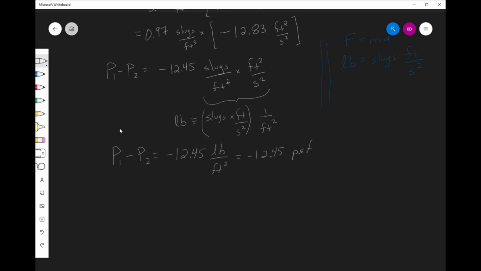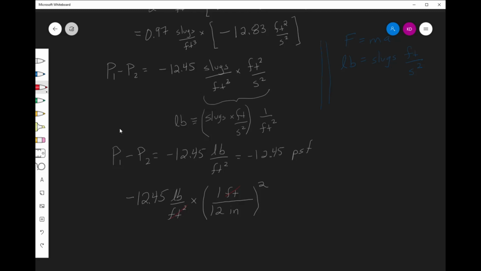So how do you convert this into PSI? Well, you start with the number negative 12.45 pounds per foot squared, and you multiply this by a conversion factor that 1 foot has 12 inches, and we need to square this. And it's only after we square this that the foot squared down here cancels with the foot squared up there.